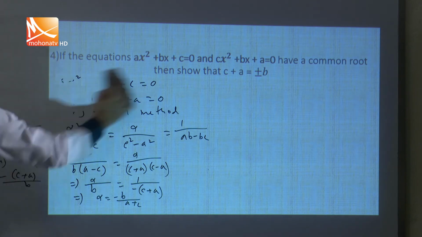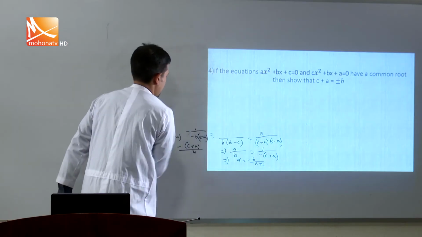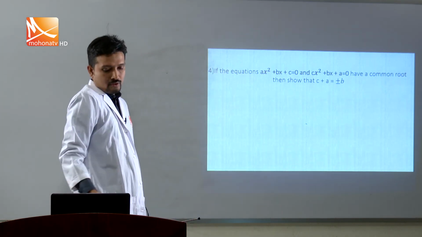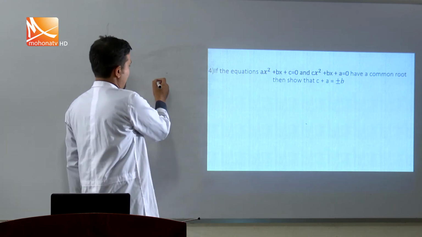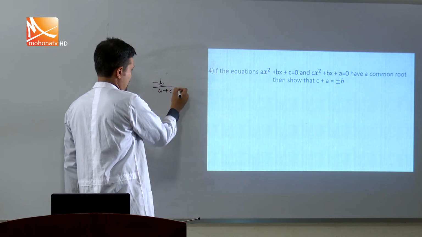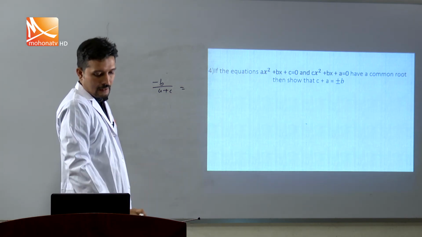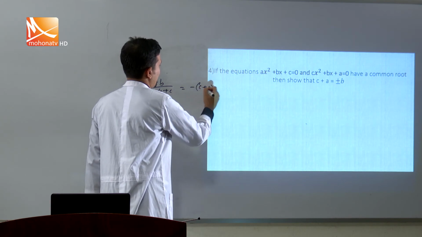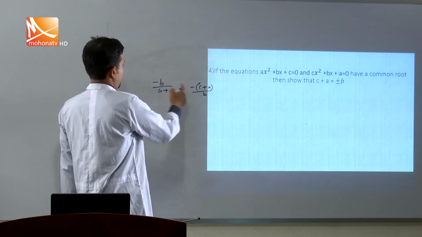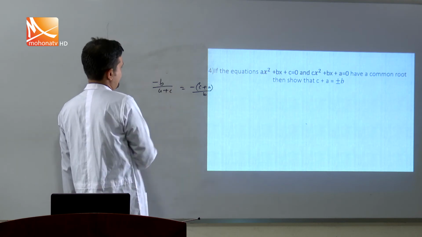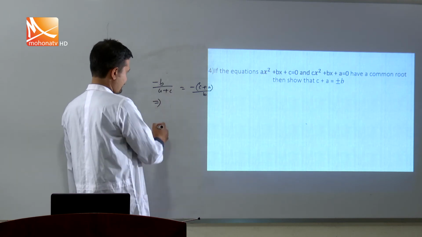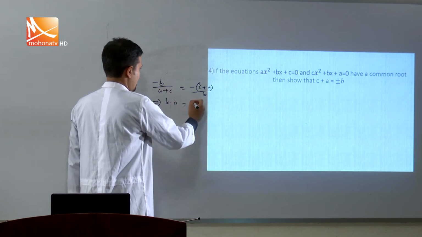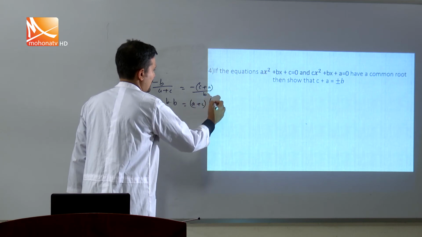Next condition, we get minus b by (a plus c) equals minus (c plus a) by b. Both sides minus minus cancel, or b into b equals (a plus c) into (a plus c).